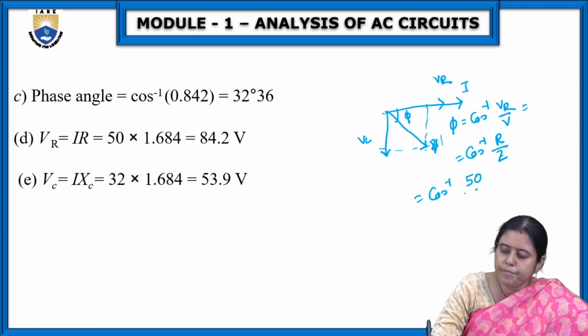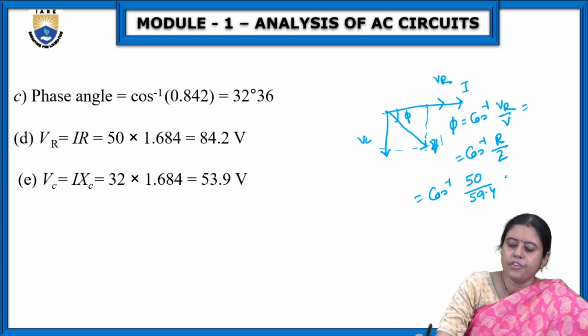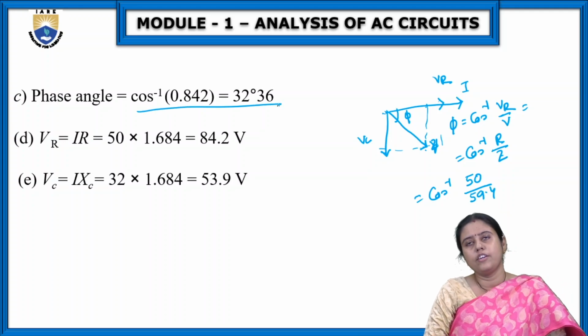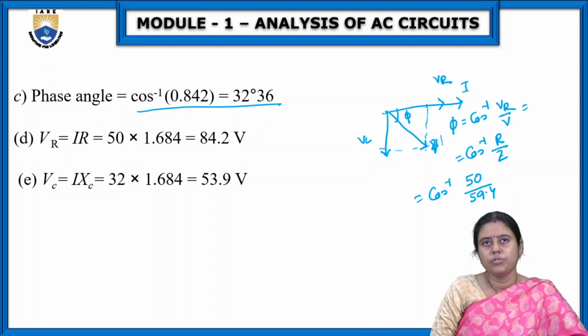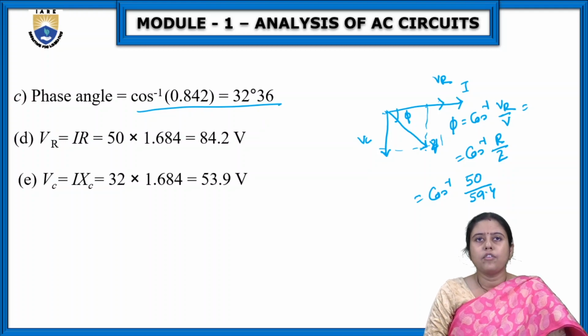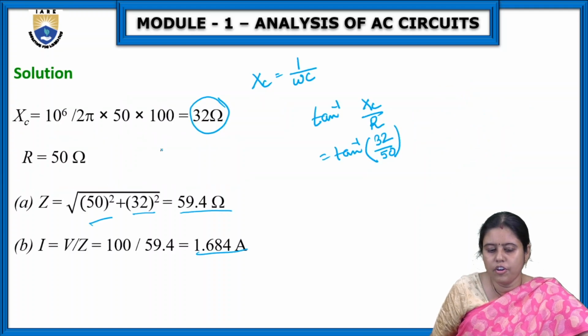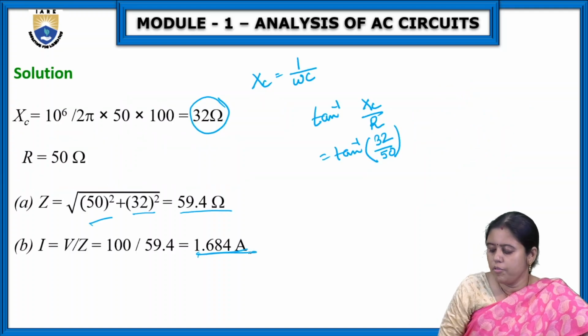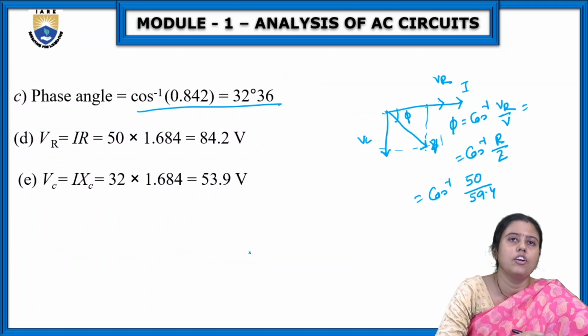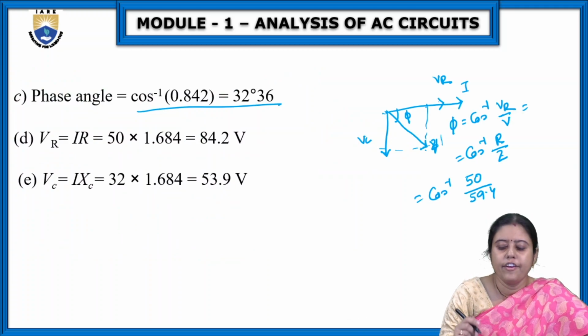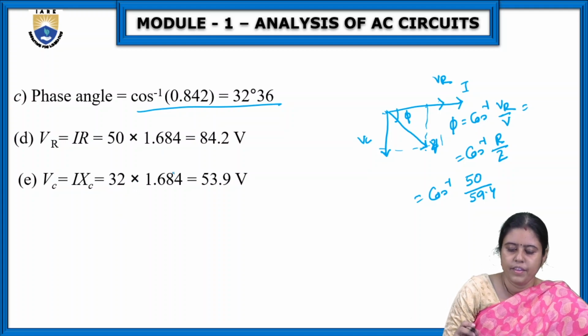So 50 by 59.4 comes as 32.32 degree. If we are calculating VR, VR is equal to I into R, and VC is equal to I into XC.